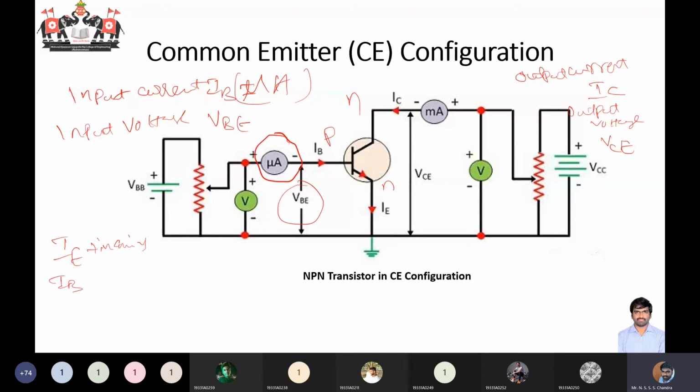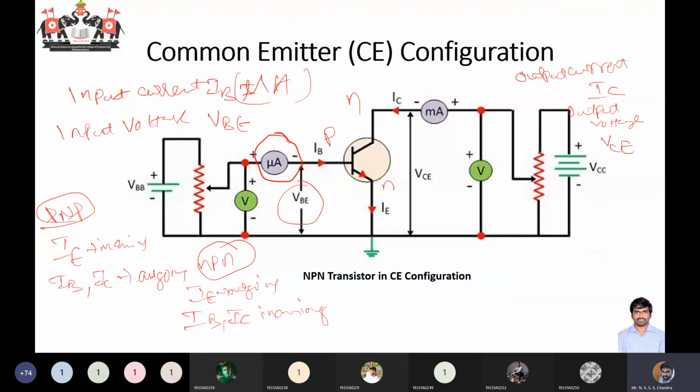For a PNP transistor, we have taken that IE is incoming, and IB and IC are outgoing. But if you are taking an NPN transistor, IE will be outgoing, and IB and IC will be incoming. So all the symbols will be reversed. Incoming current for a PNP transistor becomes outgoing current for an NPN transistor.